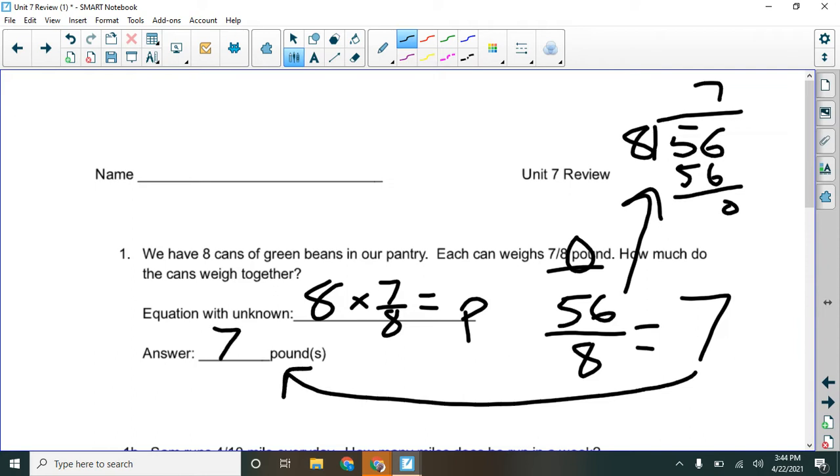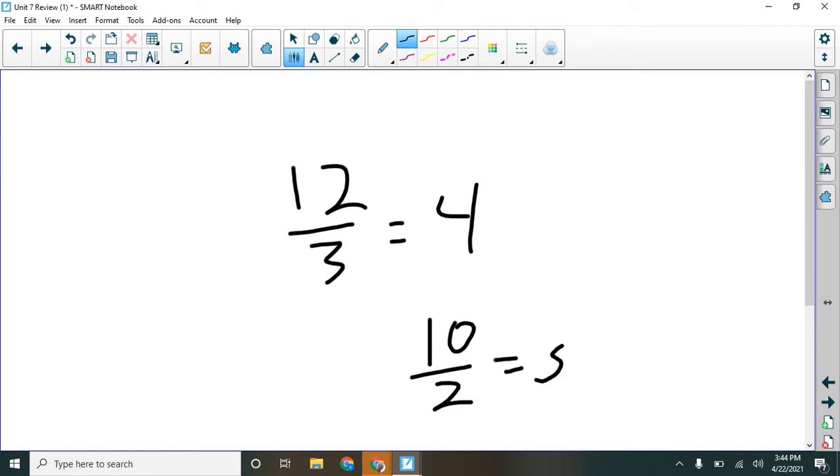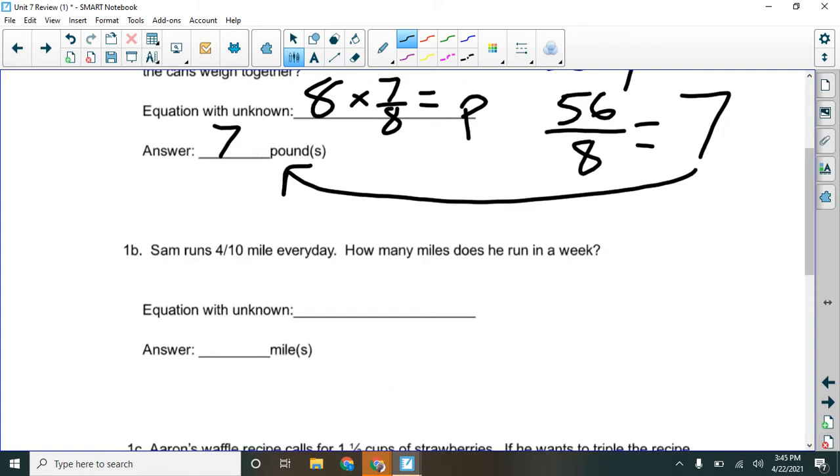Some improper fractions equal whole numbers, right? There's lots of them, like 12/3. 12 divided by 3 equals 4. 10 halves. 10 divided by 2 equals 5. So we can have improper fractions that equal whole numbers.